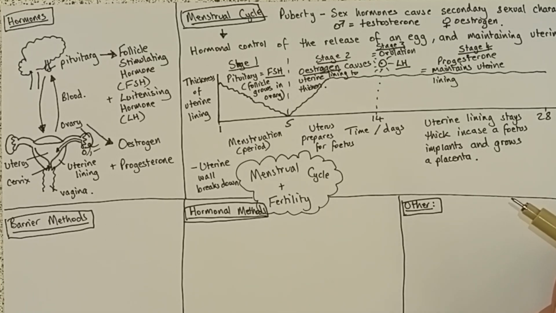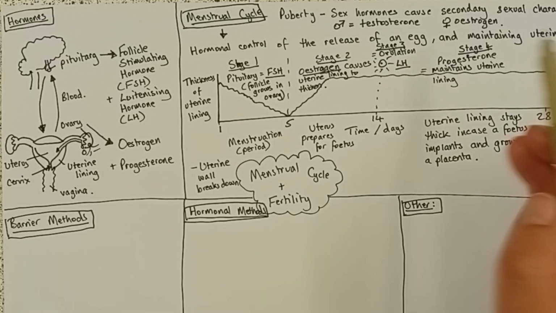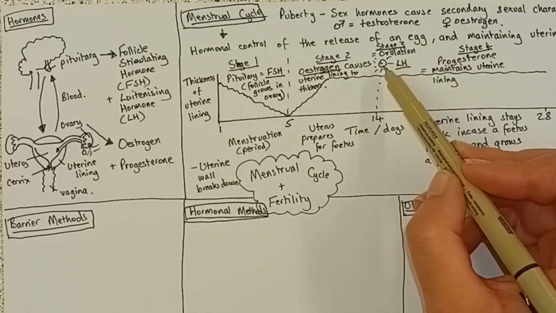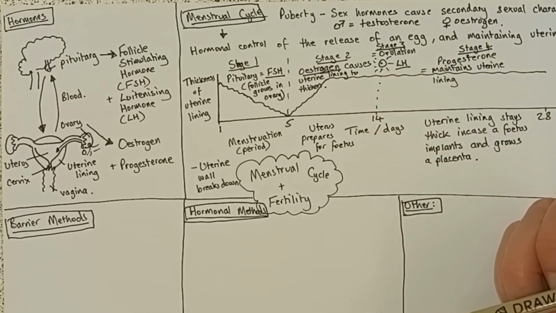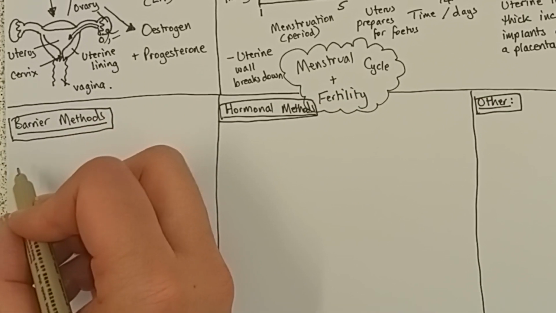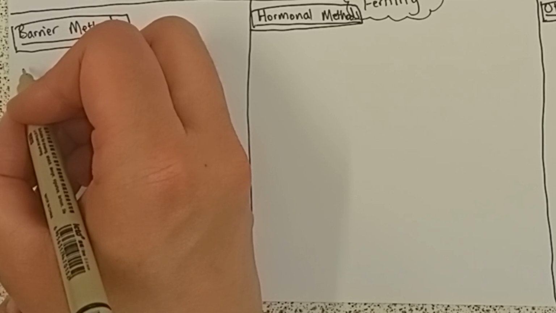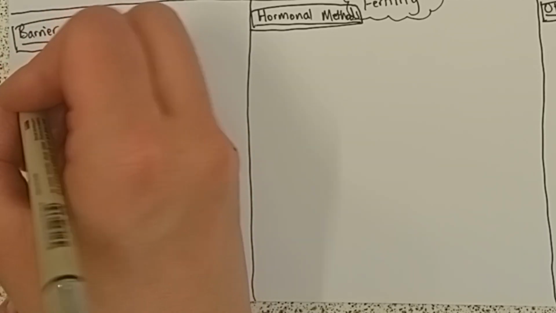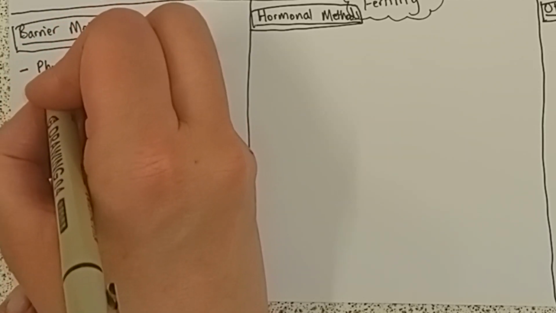Contraception then is when we make choices to reduce fertility or to reduce an egg being fertilised. And they can come in 3 different ways. The first way we're going to think about then is a barrier method. And a barrier method physically stops the sperm from reaching the egg.